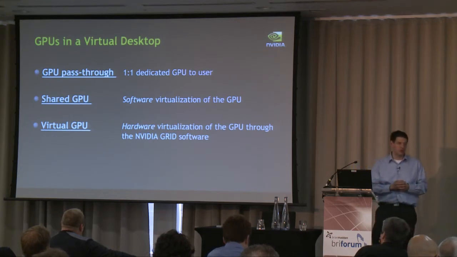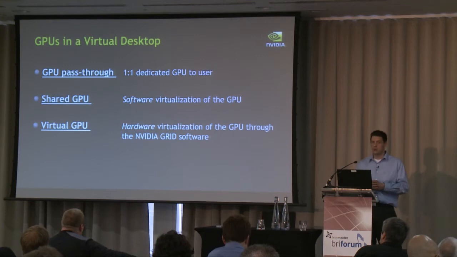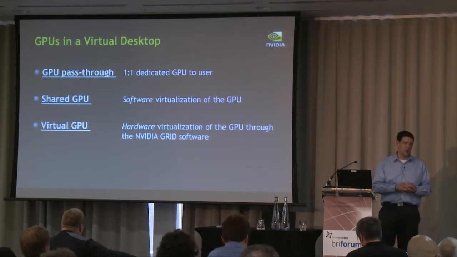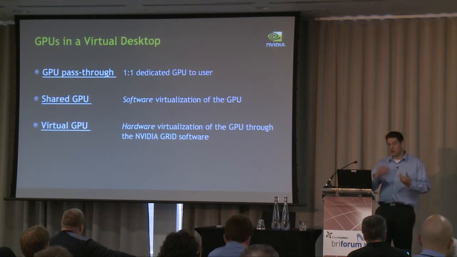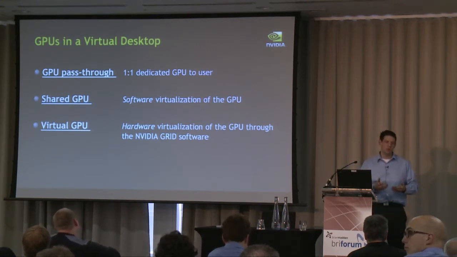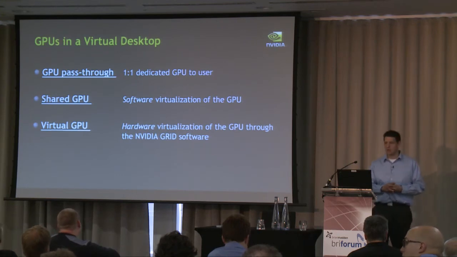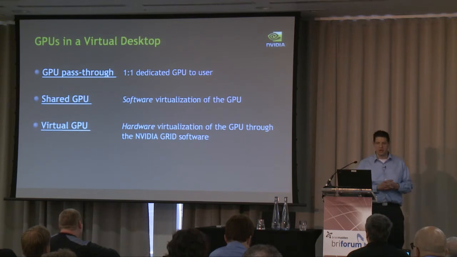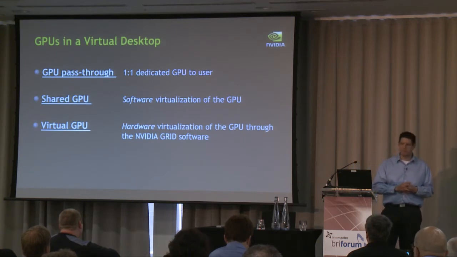That's a software virtualization technology. On a software level, you virtualize the GPU, and I will talk in more detail about how that is done. And finally, the true virtualization of a GPU, which is virtual GPU, that's true hardware virtualization through our NVIDIA Grid software.